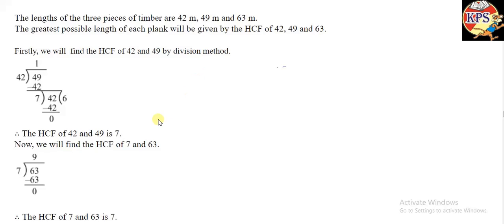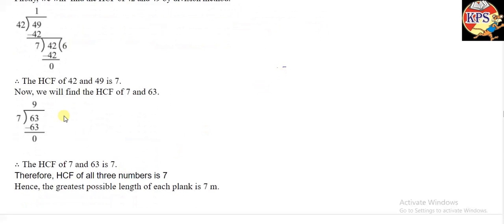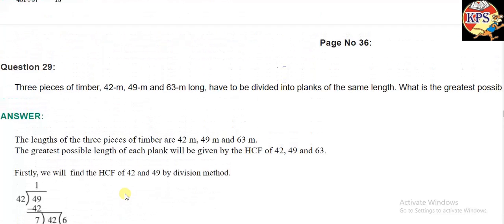Now after finding the HCF of the starting two numbers, we will find the HCF of this number and 63, which is the last number. After finding the HCF of these two numbers, we are getting 7 here. Therefore the HCF of all three numbers is 7, hence the greatest possible length of each plank is 7. This is clear, I hope. So the greatest possible length of each plank is 7.